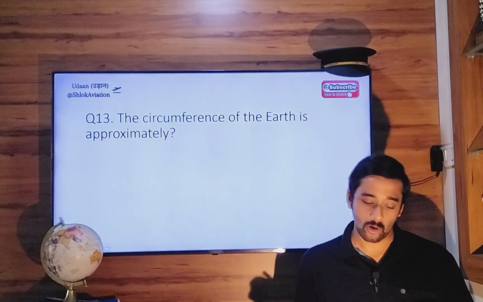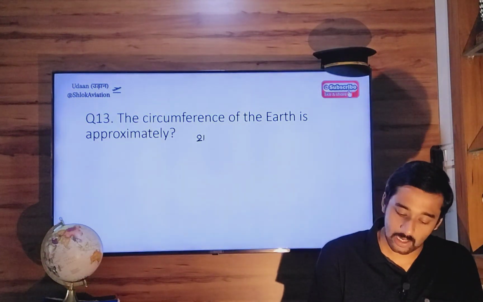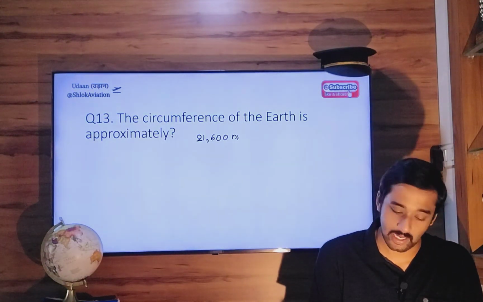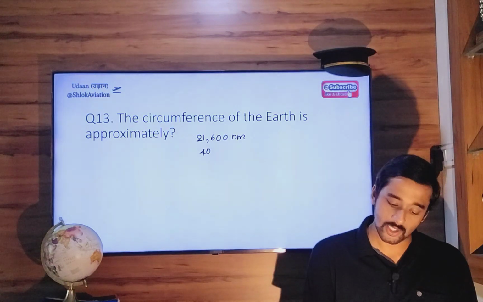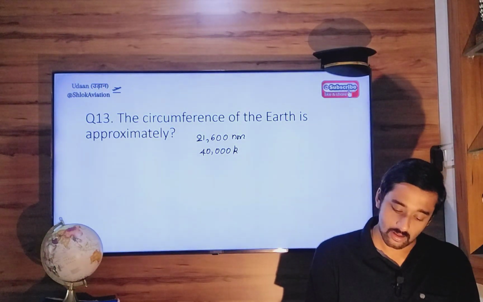Circumference of the earth is approximately how much? So remember this value, it is 21,600 nautical miles or 40,000 kilometer.